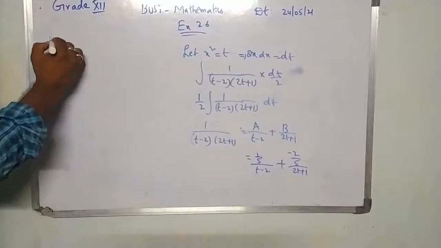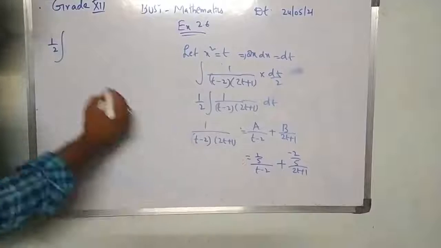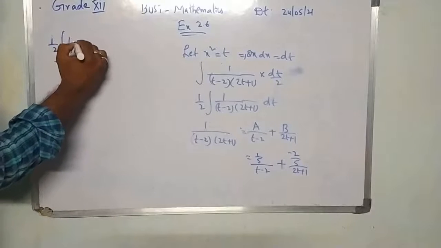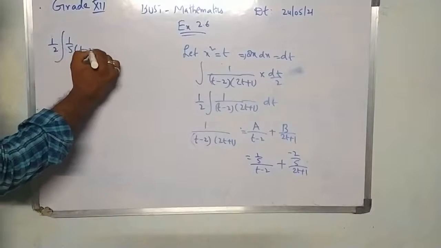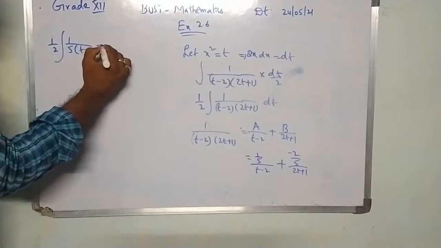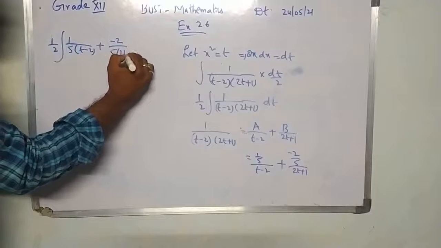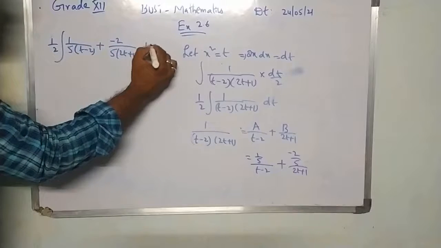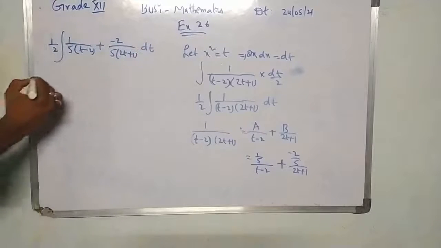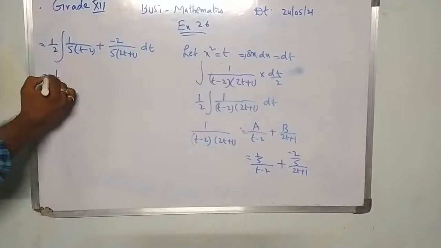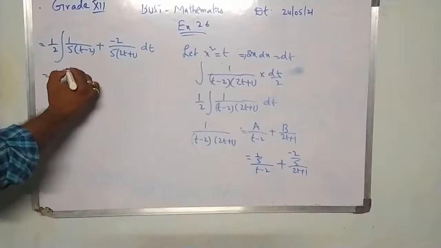So 1 by 2 outside, integral of 1 by 5 into t minus 2 plus minus 2 by 5 into 2t plus 1 dt. So this can be individual integrations.